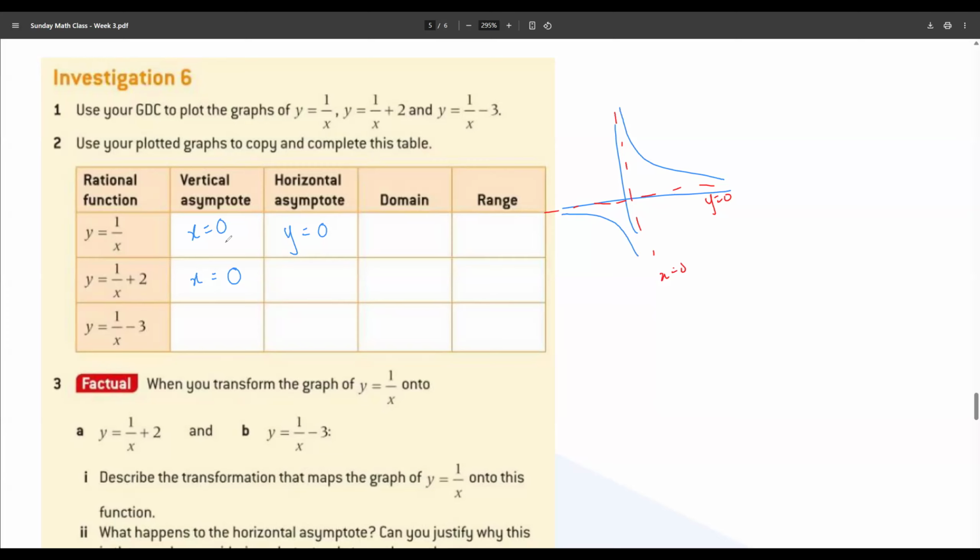Does it get smaller? Yep, it approaches something, and we want that something. So what number does it approach? That's nice. Okay. Yeah, that's your horizontal asymptote then.